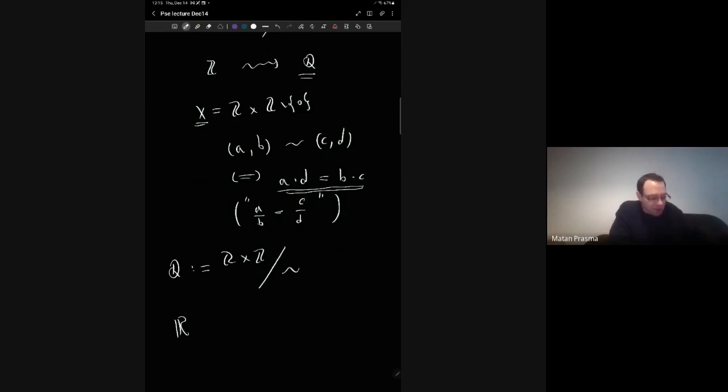For the real numbers, you need what are called Dedekind cuts. So you take subsets of rational numbers, and you define an equivalence relation on these subsets, and the quotient set will be the real numbers.